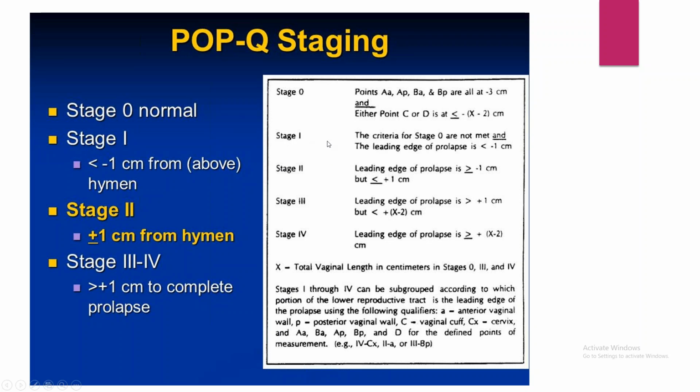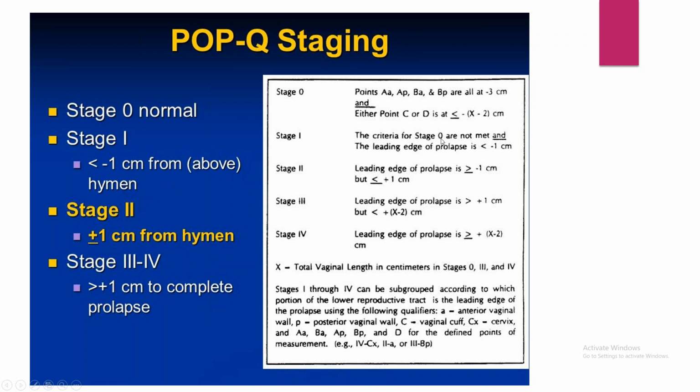So now stage 1. All these things are related to the TVL, remember that. Now stage 1, when the total vaginal length is 9 centimeters, is anything more than -7. So -6, -5 up to -1 will be stage 1.